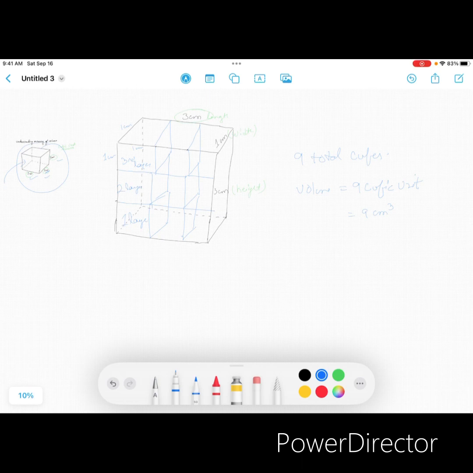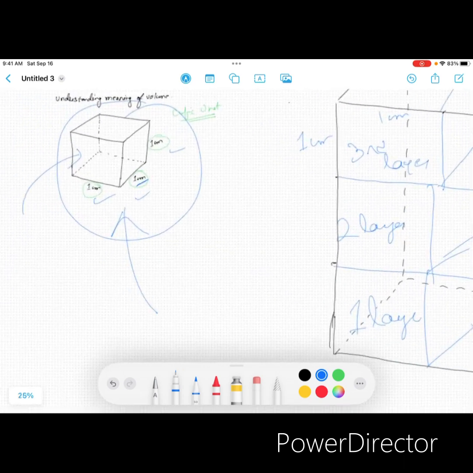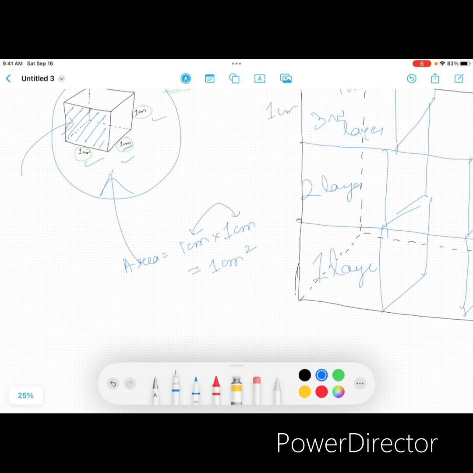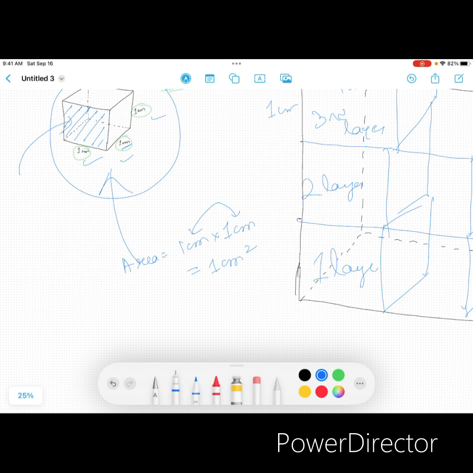Now if we go by formula, area is length into width. So say we want to find the area of this, area would be 1 centimeter multiplied by 1 centimeter, which is 1 centimeter square. We saw that centimeter multiplied by centimeter becomes a centimeter square. Now the another dimension, which is height, which is here 1 centimeter.